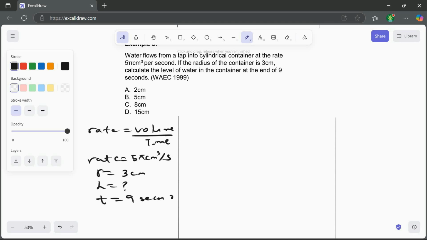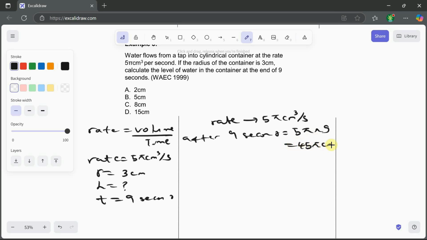So if the rate is 5 pi centimeter cube per second, after 9 seconds we would have 5 pi times 9, which will give me 45 pi centimeter cube, right? So this is the volume after 9 seconds.